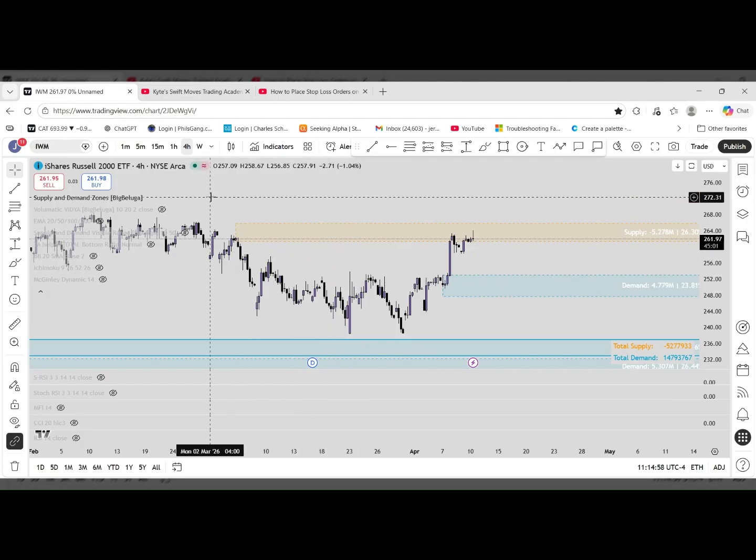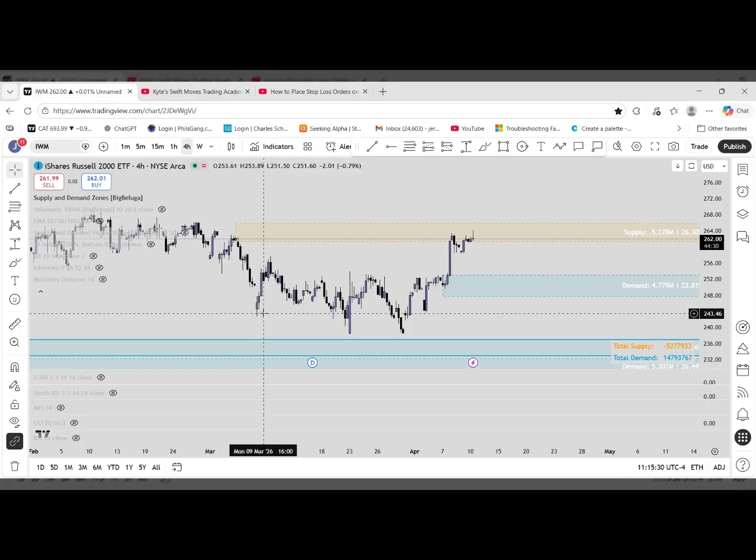If you look at this area right in here, when this supply zone was identified, and if you understood the tool, you'd say to yourself, well, the chances of this stock or this ETF going up are pretty low, but it's a pretty high probability that it's going to drop in price. So what does that mean for you as a trader?